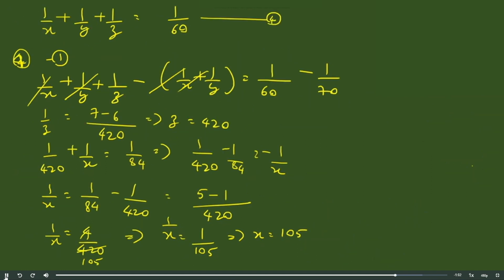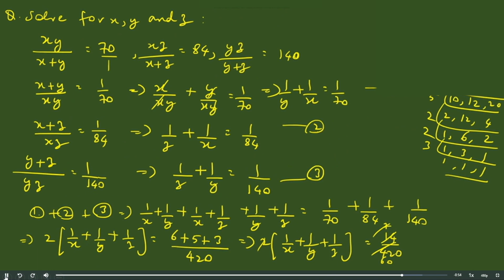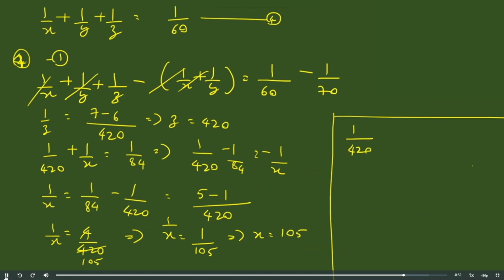1 by z plus 1 by y is equal to 1 by 140. 1 by y is equal to 1 by 140 minus 1 by 420.